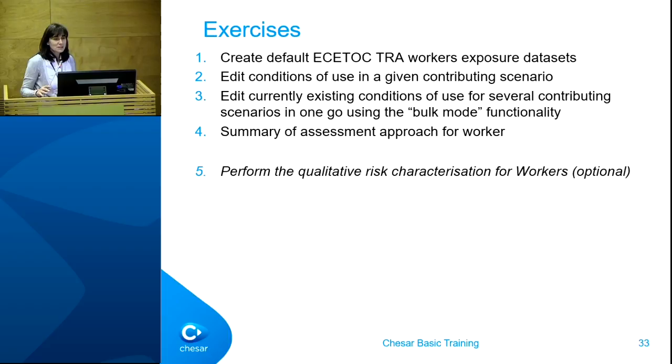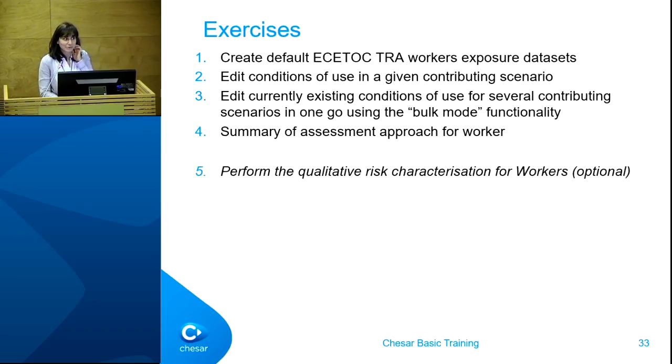So the first exercise you will see is very simple. You will have to create a default SECHA TRA exposure data set. Then in the second one, you will have to edit the condition of use in a given contributing scenario. In exercise 3, you will have to edit a currently existing condition of use for several contributing scenarios by using this so-called bulk mode.